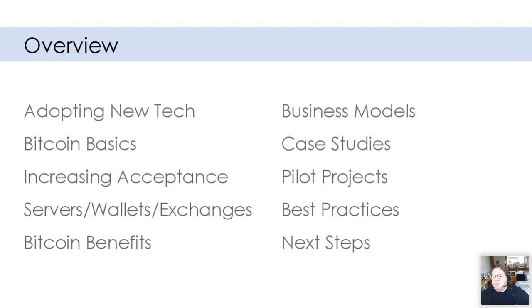Then case studies. There are not too many formal case studies. A lot of it's anecdotal, a lot of it's reading between the lines, but I will present those that I've been able to locate. Then pilot projects and best practices, how your business can get started today, climbing the learning curve, and then next steps.